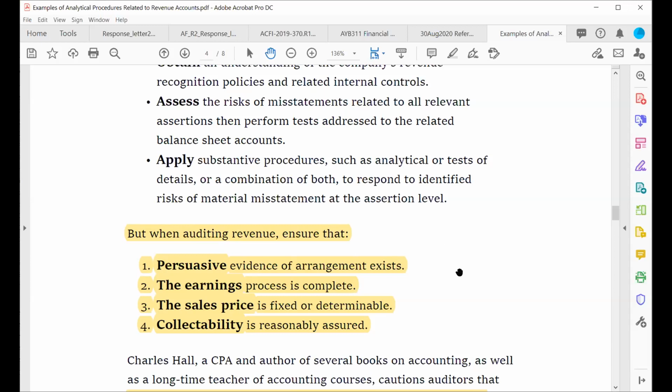And also, we need to focus on the sales price, and ensure the collectability has been audited. When we're doing that, it means the whole revenue cycle has been properly covered.